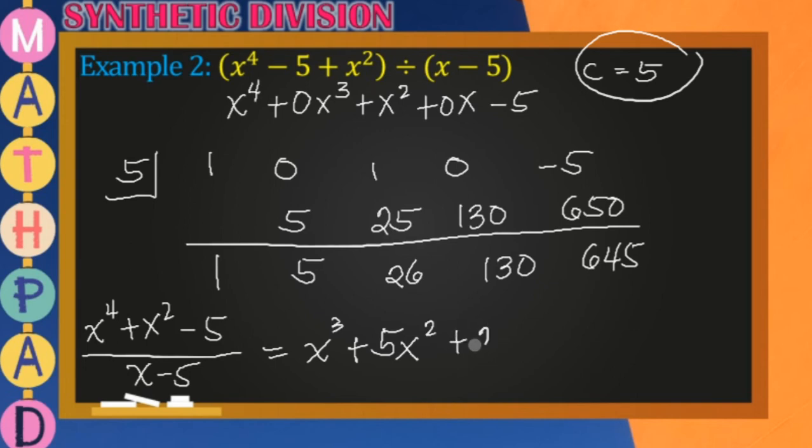Then, we have 26 here. And then, x. So, 2 kasunod ay 1. No need to write 1. And so, of course, the next one is a constant. Then, plus, remainder 645 over our divisor is x minus 5. And that's it. Okay? So, yun yung dalawang method natin ng pagdi-divide ng polynomial.